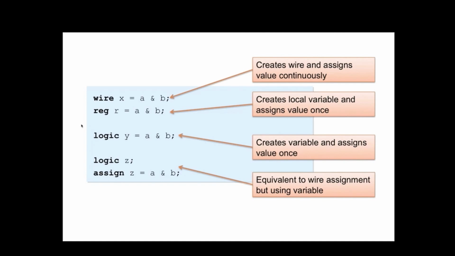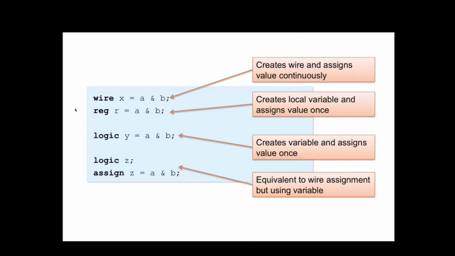So what I see people do is take a design which has wires and regs in it, and want to convert it to logic, because one of the other nuances is that with System Verilog you don't necessarily need wires except for special cases.